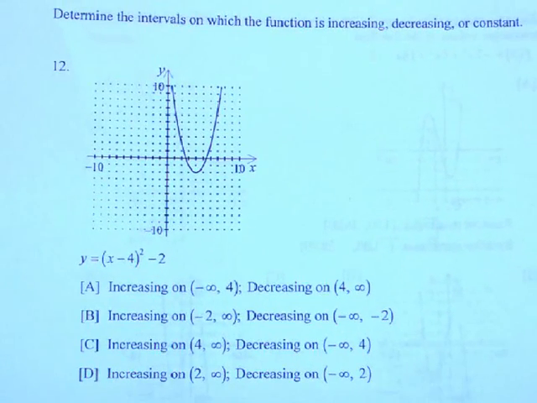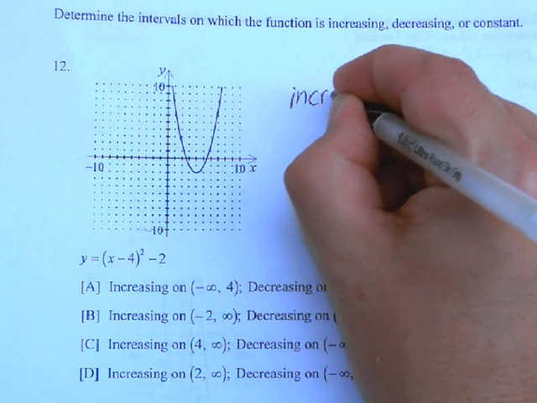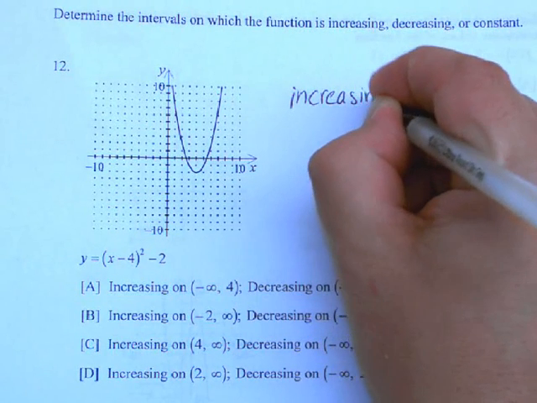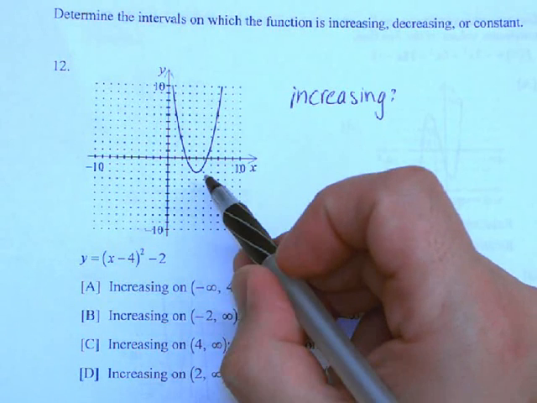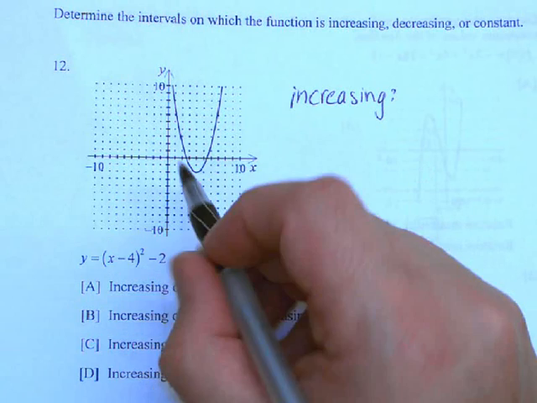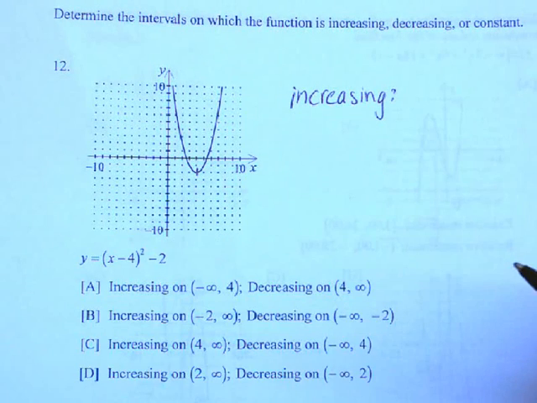Number 12. Determine the intervals on which the function is increasing, decreasing, or constant. So for the increasing interval, we look, where is the graph going up from left to right? And we notice that it starts going up at about x equals 4.